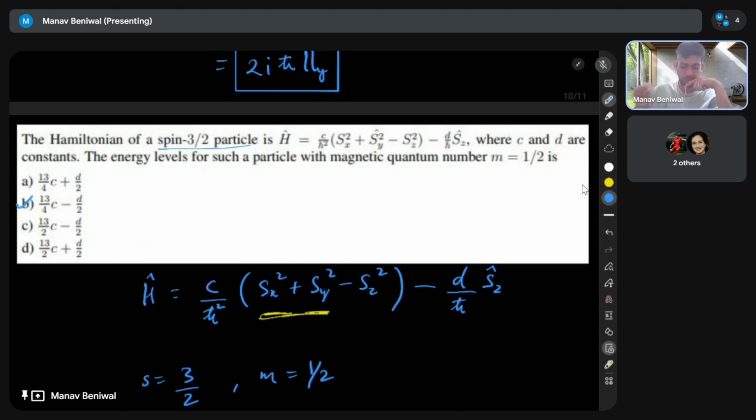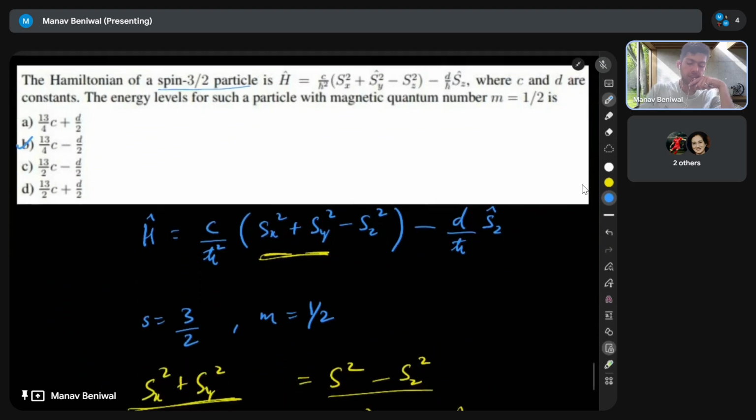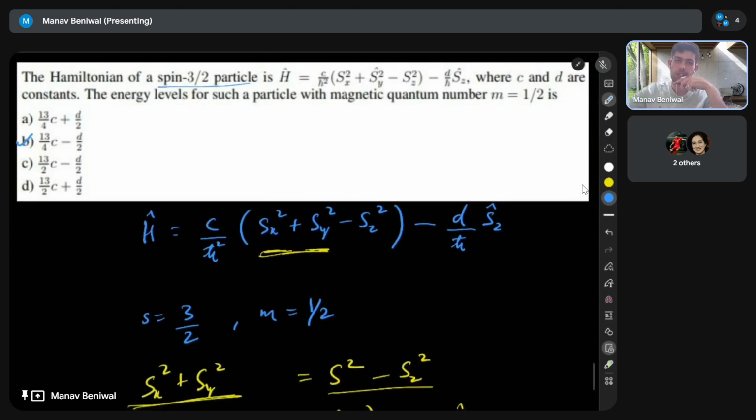Okay. So basically, whenever we have any Hamiltonian or any problem regarding either spin angular momentum or orbital angular momentum, the procedure is that whenever we see these Sx and Sy, we need to change them to Sz and the total spin.